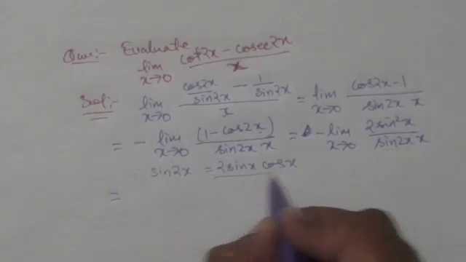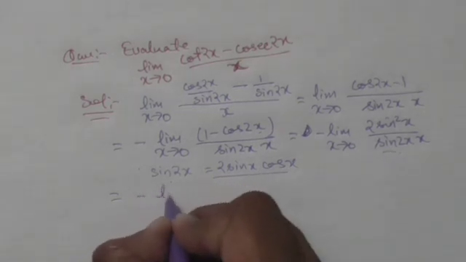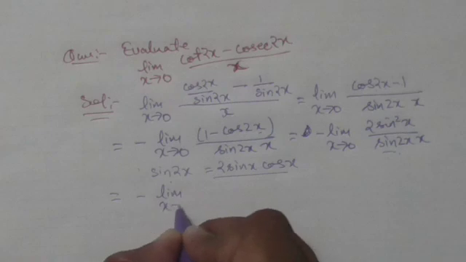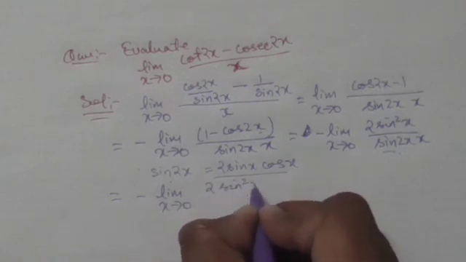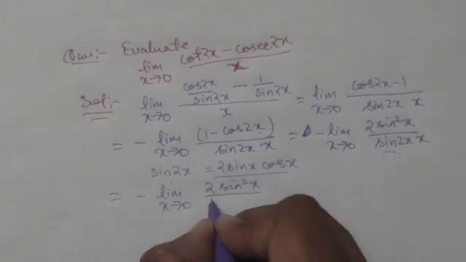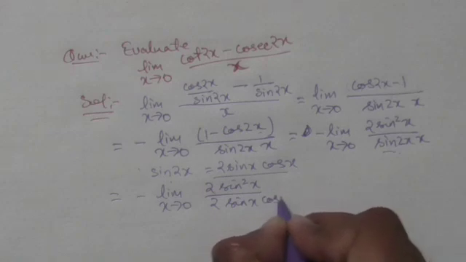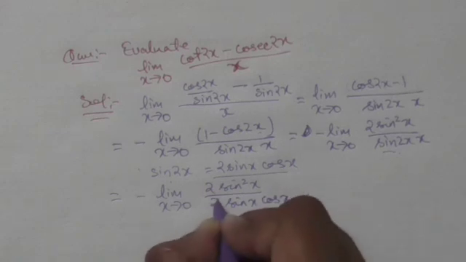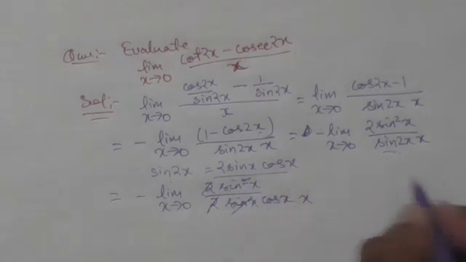So we will substitute this value of sin 2x here in denominator. So we will have minus limit x tends to 0 2 sin square x upon 2 sin x cos x into x. This 2 will cancel this 2. This sin x will cancel 1 sin x from here.